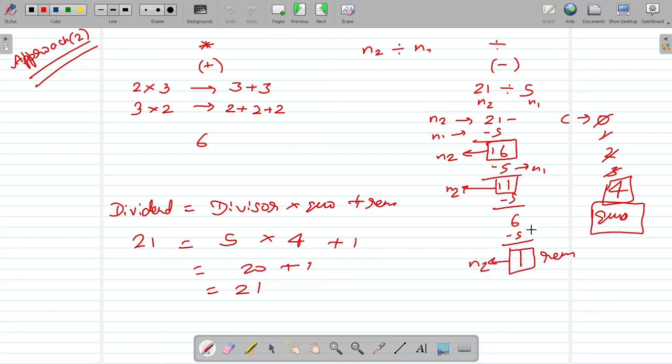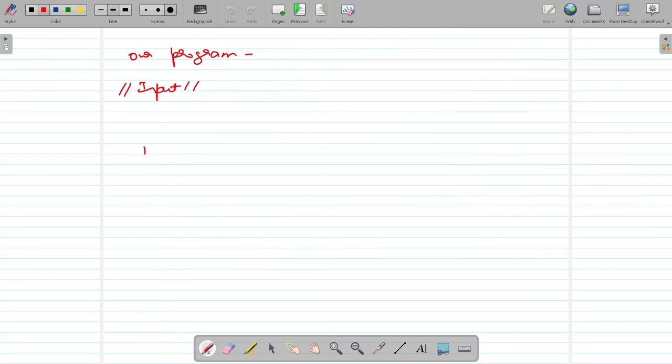This n1 is constant, and this will be our n2. So it is obvious that we will use a while loop here, because we cannot use a for loop, since we don't know the exact number of times we have to run the loop. We only have a condition, so we will iterate until the condition is matched. So the condition was, if n2 is greater than or equal to n1.